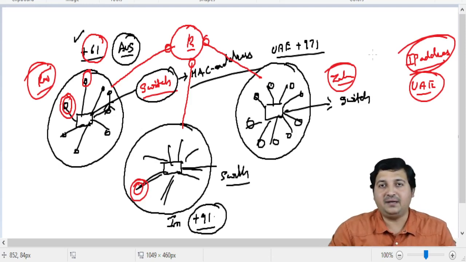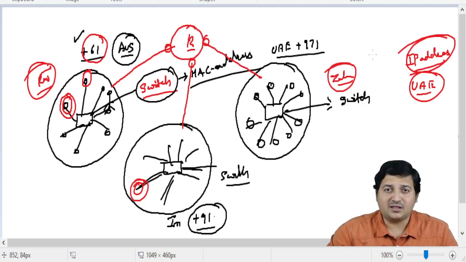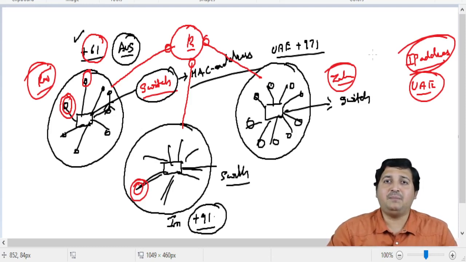Again, let me repeat. For example, if I have a group of 10 computers, what should I do? Someone asks you, if I have 10 computers, whether I should go for a router or I should go for a switch. Many people think that if I need internet, I need a router. See, obviously yes, because internet means what? Connection of networks, millions of networks you want to connect. So obviously you're going to place a router.